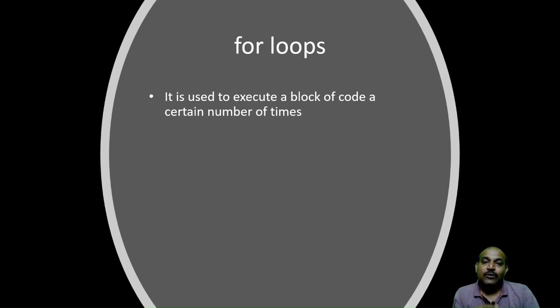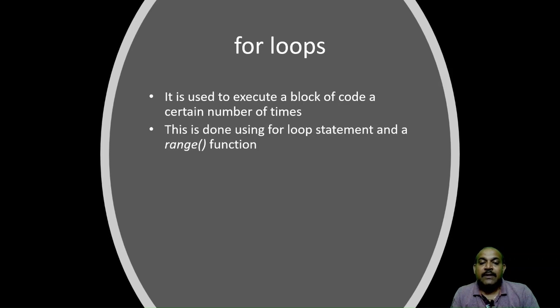So if you know the number of times the block has to repeat, then we go for for loops. This is done using for loop statements along with the range functions. That is what I am going to teach you today.